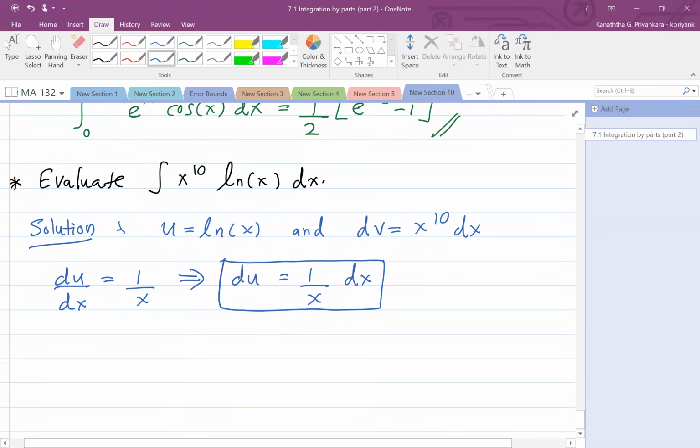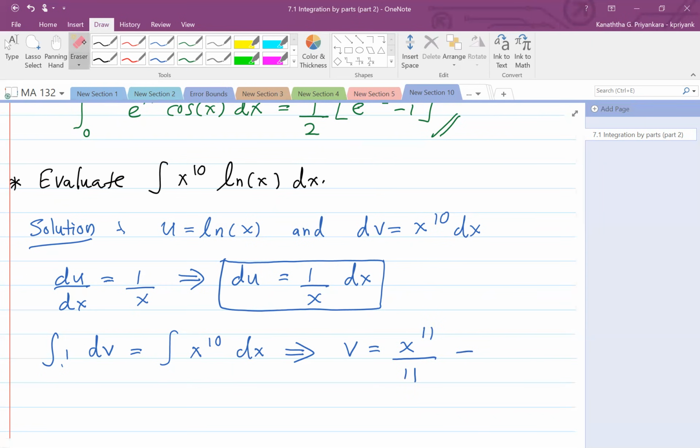Next we can compute v, so we have to integrate the dv expression, so the integral of x to the power 10 dx. So the integral of 1 gives v, and the integral of x to the power 10 is x to the power 10 plus 1, 11, divided by 11, so that is our v.